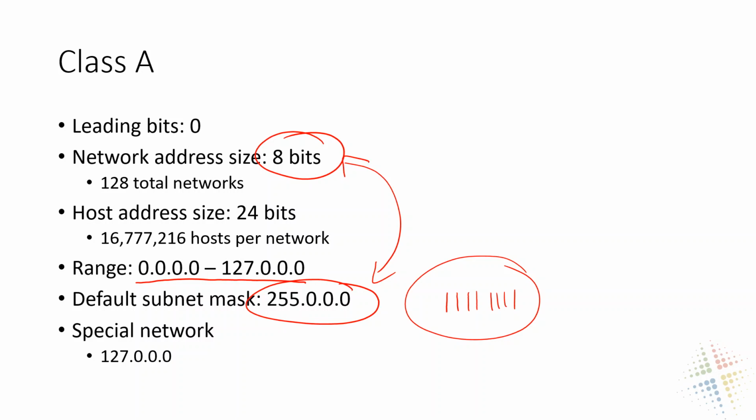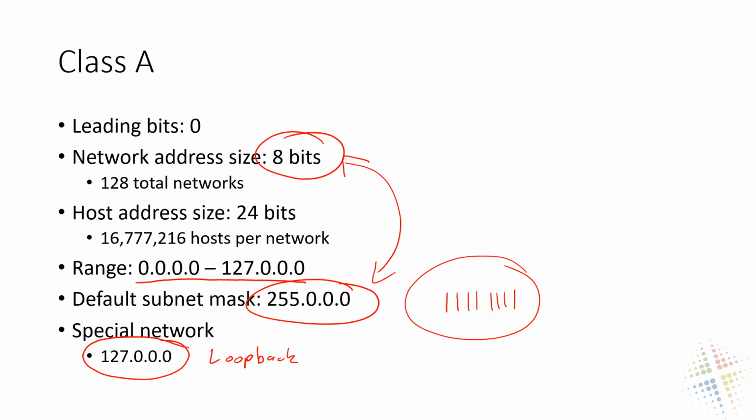Now, one thing to note about a Class A network is this one very special address, or special network, actually. 127 is, in fact, referred to as a loopback. And a loopback is essentially a way of saying I'm talking to myself. Hey, it happens sometimes when I'm making a video and I forget to click the record button.